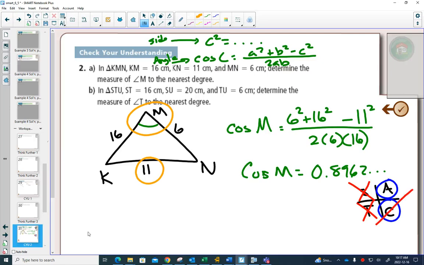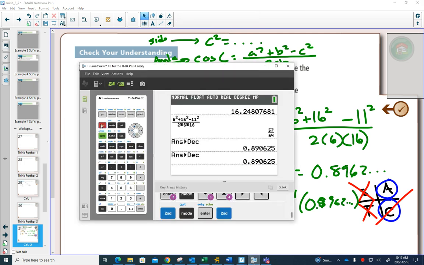You can't have an angle bigger than 270 degrees in a triangle. So this really brings it back to a grade 10 question. If you want to find M, it will be the same as the reference angle. We just have to do the cos inverse of that on your calculator.